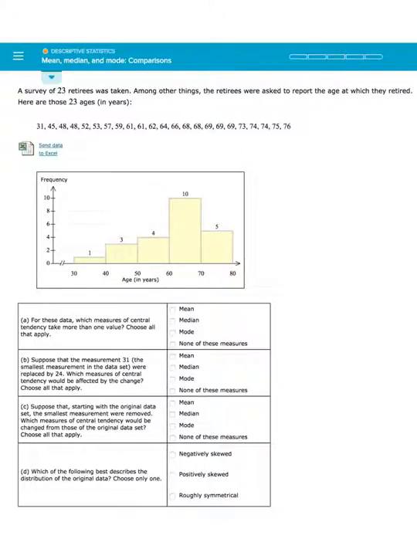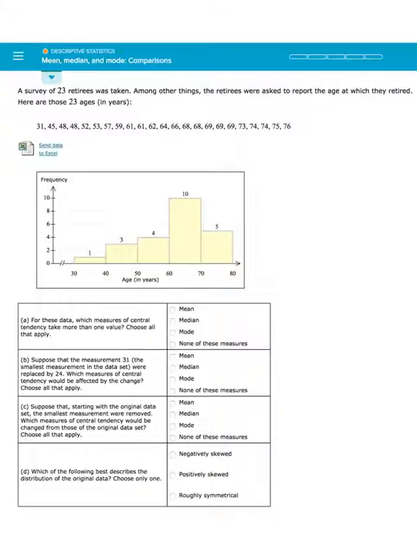Luckily for us, data is already arranged in order from least to greatest. As I'm looking through this data, I see there are a couple of 48s, a couple of 61s, 2 68s, 3 69s, 2 74s. All other elements of data are unique.